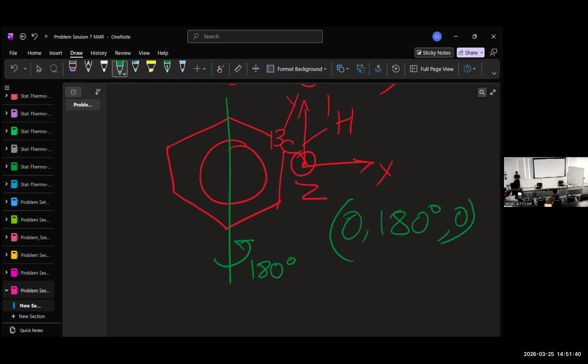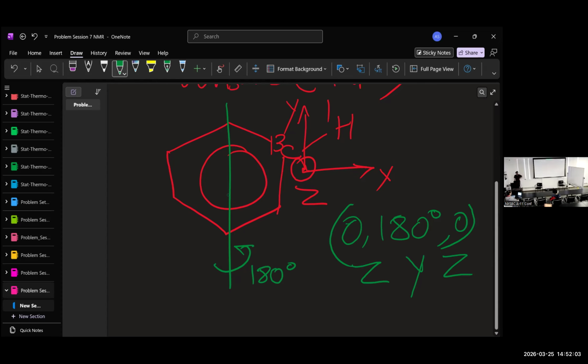And 180 around y is the choice that I make to stick to the ZYZ convention. That's important for consistency in how we describe rotation. In the ZYZ convention, alpha and gamma are rotations around the z-axis, beta is a rotation around the y-axis. So do we all see that this is a 0, 180, 0 rotation?